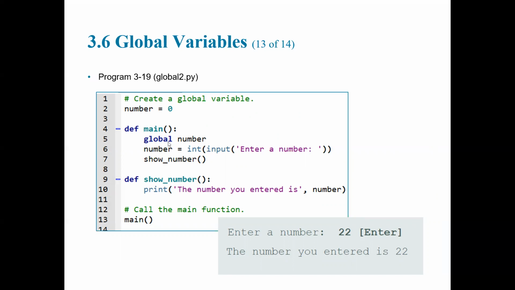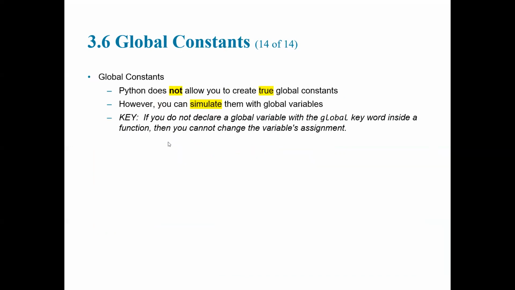In that particular case, if I enter 22, the number you entered is 22. So that is how you update the global variable. You must use the global keyword. Global constants: Python does not allow you to create true global constants. However, you can simulate them with global variables.